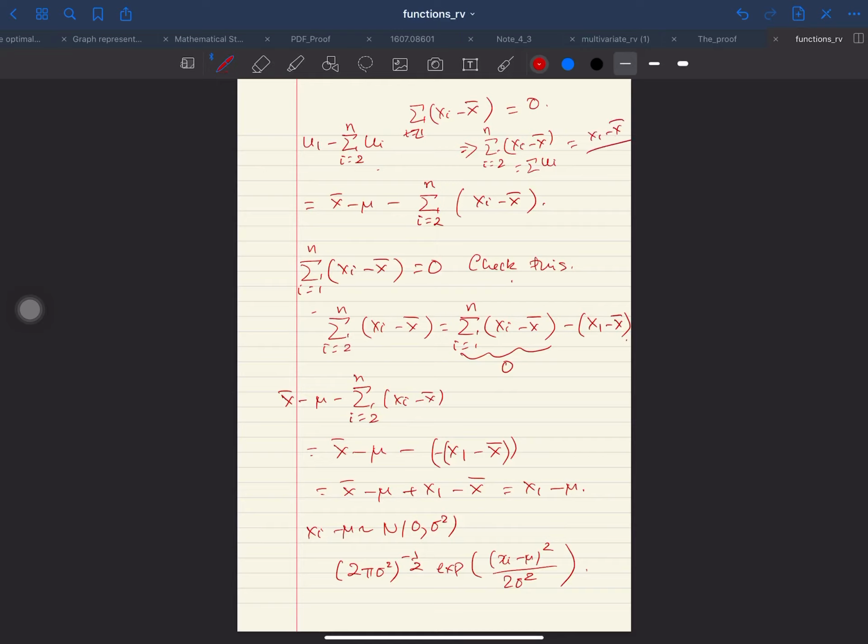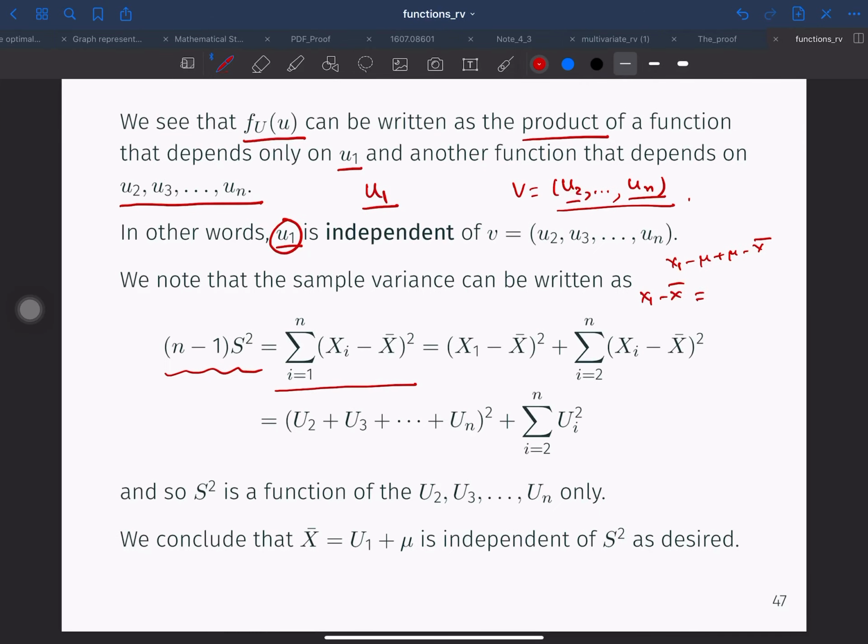That's what we showed here. So therefore, x1 minus x bar squared can be written as a function of ui from 2 to n. And similarly, the summation of xi minus x bar squared for i from 2 to n is also a function of ui for i from 2 up to n.